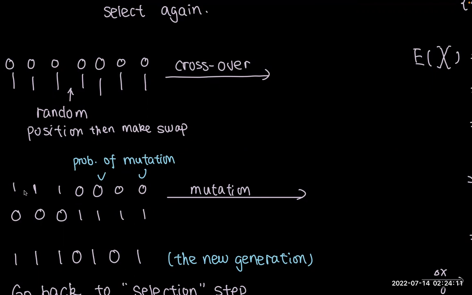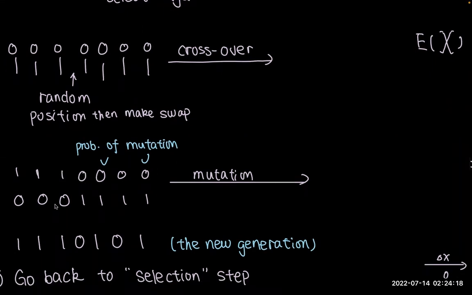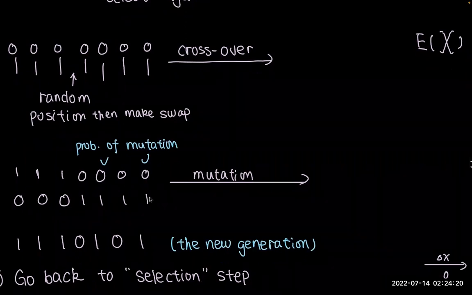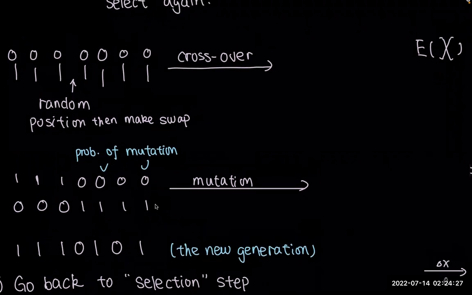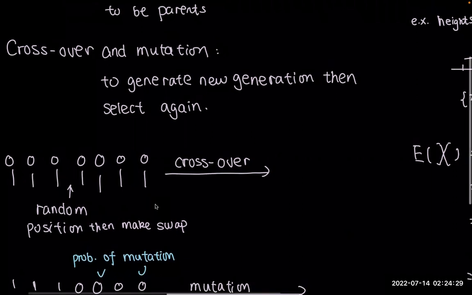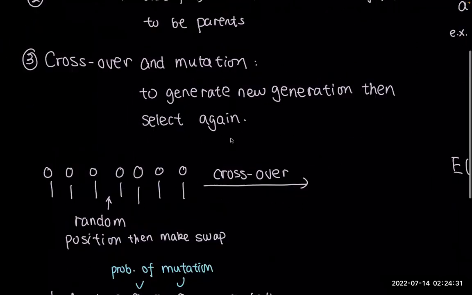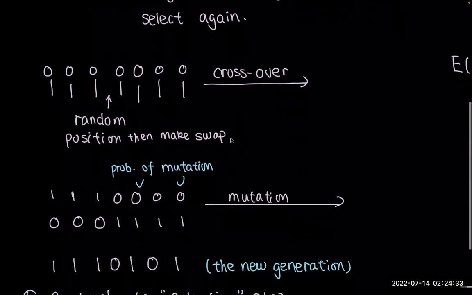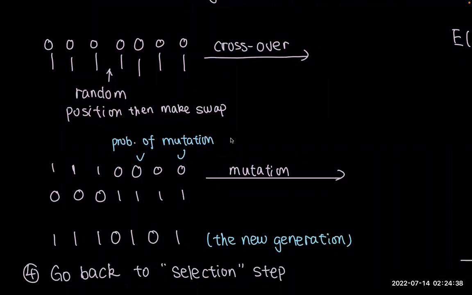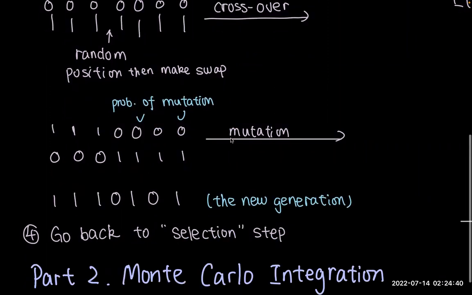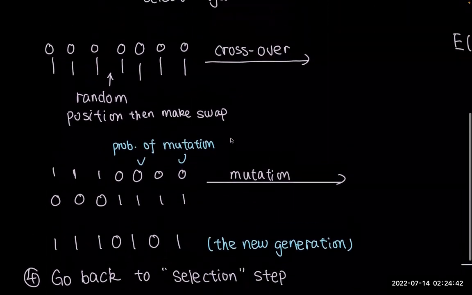We do this independently for each position, flipping with a certain probability. We can do the flip mutation similarly for the second sequence. This enables us to generate the next generation. Then we continue to go back to do the selection, crossover and mutation, and eventually we will find a population of binary strings that give us very high f values. So that's the idea of the genetic algorithm.